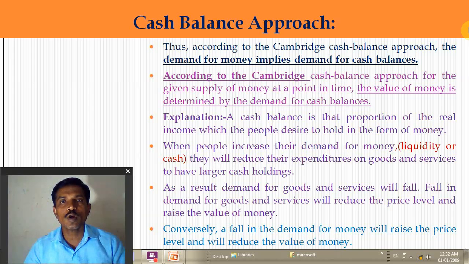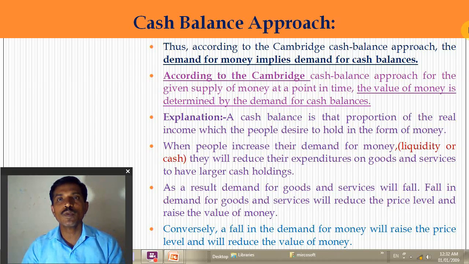People do not hold their entire income in hand; they hold some proportion, 10 or 20% of the total income. When people increase the demand for money, for liquidity preference or cash holding, they reduce expenditure on goods and services. Conversely, a fall in the demand for money will raise the price level and reduce the value of money.